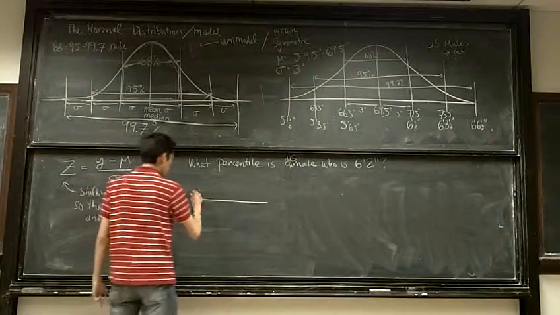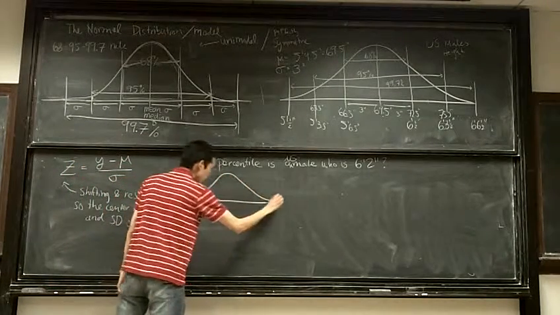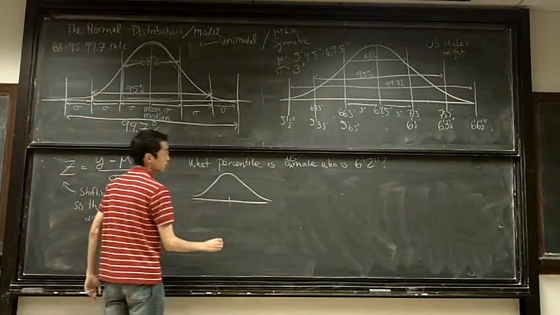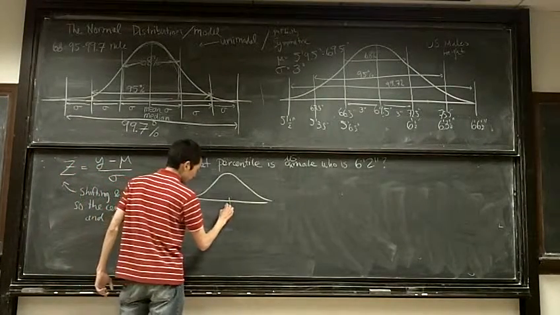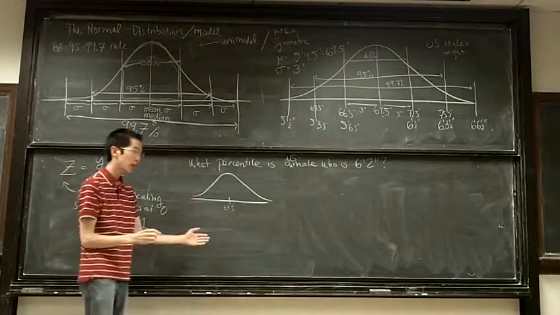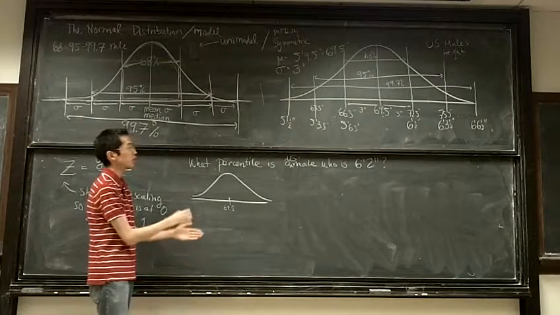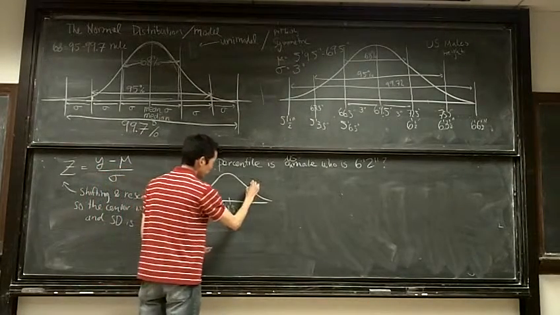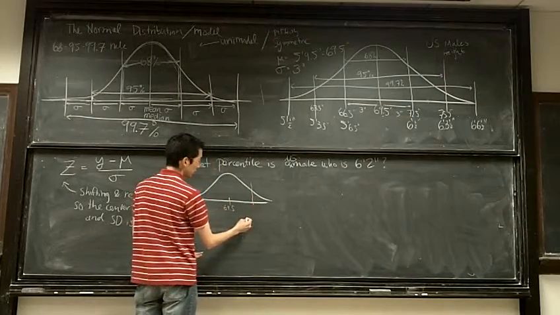So in other words, we've got the distribution of heights. This is centered at 69.5 inches, or 5 foot 9.5, and this person is 6 foot 2, so that's 74 inches. So 74 inches is taller than 69.5.